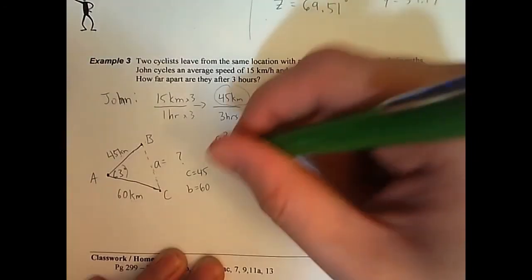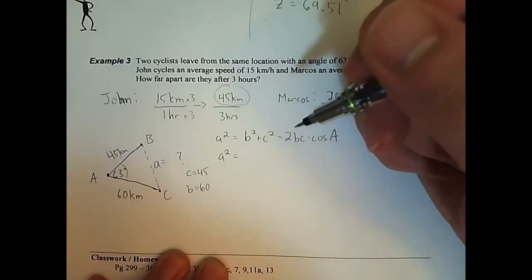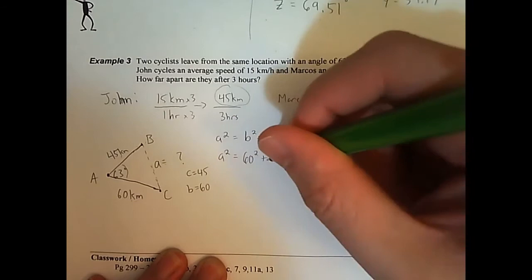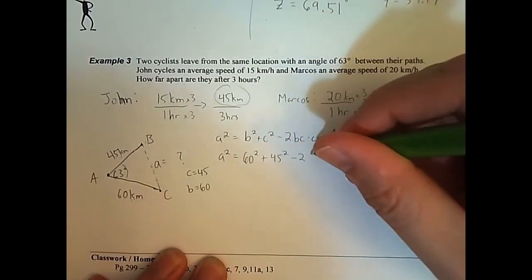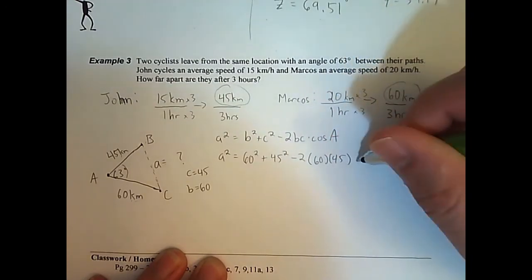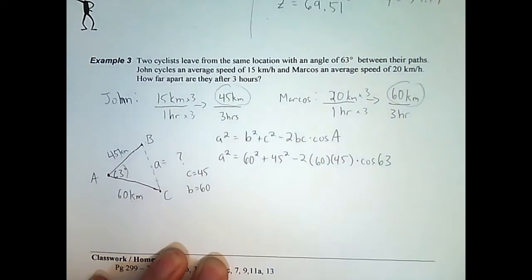And what we're going to see too is that it doesn't matter which one is which. We should get the same answer either way. So I'm going to get b is equal to 60 squared, c is equal to 45 squared, minus 2 times 60 times 45 times the cos of angle A, which is 63.